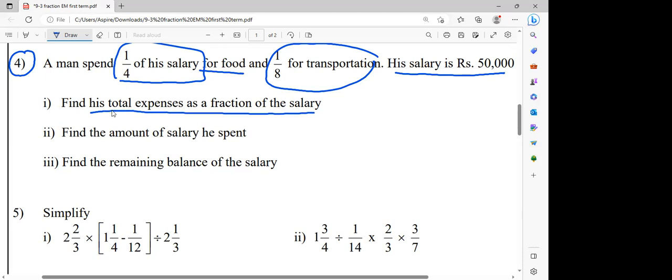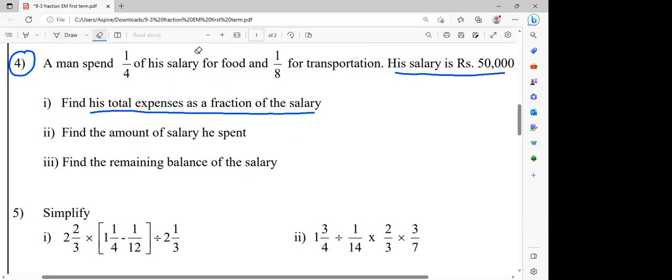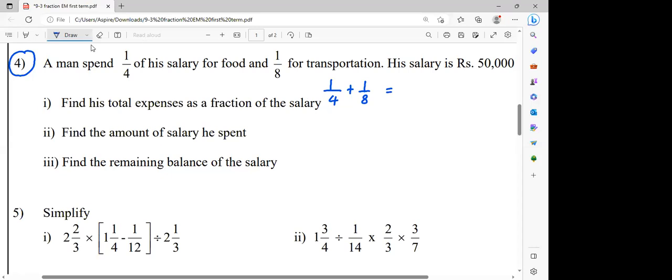To find the total expenses as a fraction, these words are very important. When it says total, that means you have to take the sum of these two fractions. So how do we do it? You have to add two fractions, 1/4 added to 1/8. Here it is addition of two fractions with different denominators.